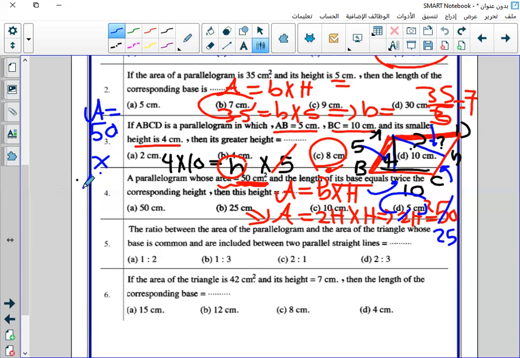So x times 2x equals 2x power 2. So 2x power 2 equals 50, then x power 2 equals 25. So the value of x equals the root of 25, which equals 5.